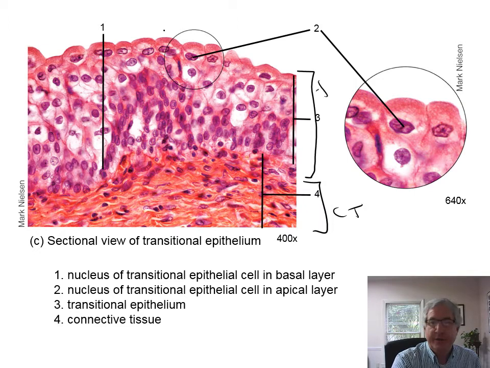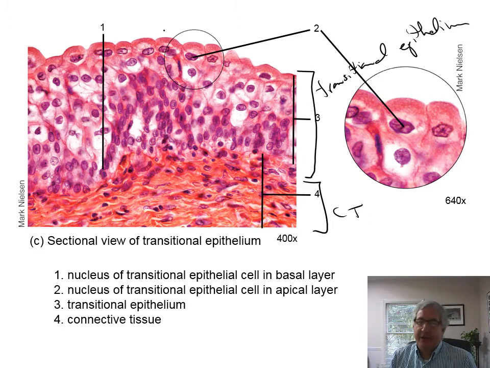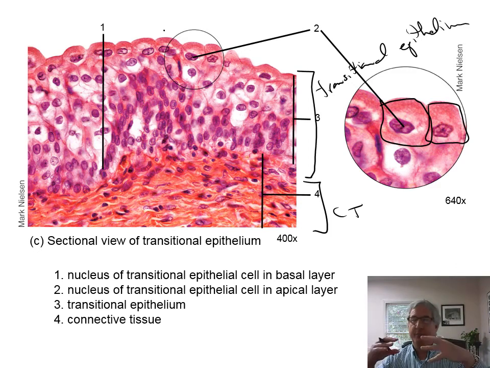Okay, it's relaxed, and so you can see this cell is roughly cuboidal shaped. This one's roughly cuboidal shaped. Then as it stretches out, those would become distended. As the bladder distends, those will become flattened out. Okay, next slide.